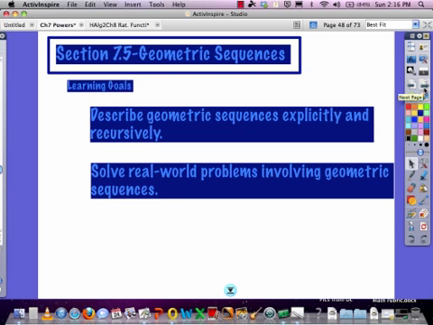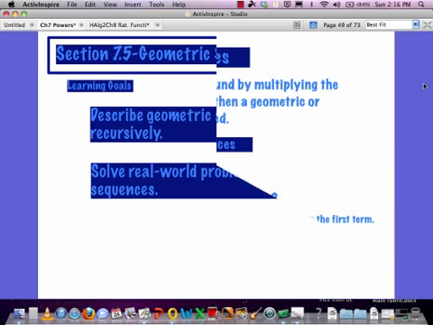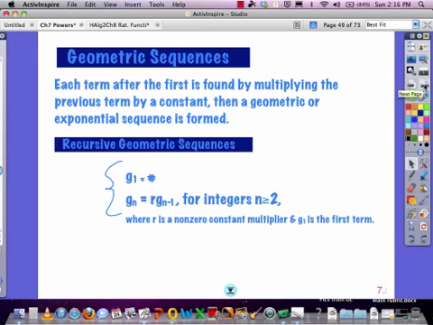Here is our learning goal, stated another way, but here is where our geometric sequences take place. By definition, each term after the first is found by multiplying the previous term by a constant.